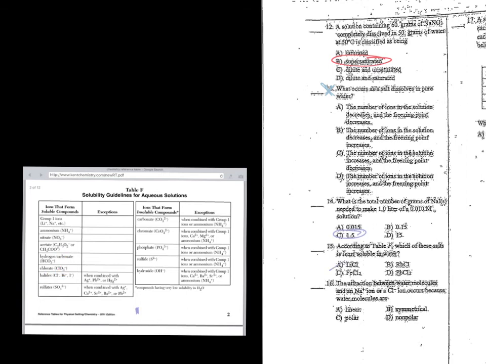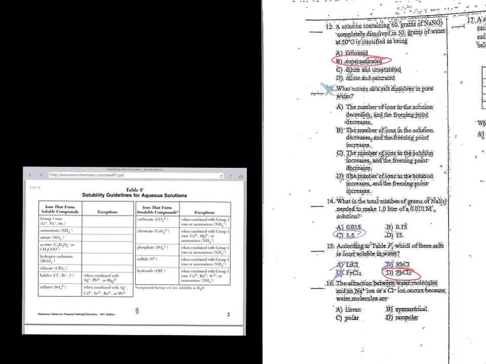Next is choice B, rubidium chloride. Again, also soluble. Iron chloride, also soluble. Now lead chloride. Chloride is soluble, but it's combined with lead, Pb, so that is insoluble.